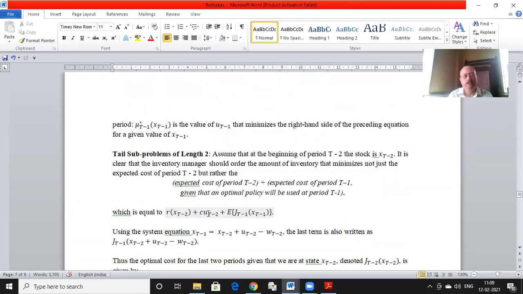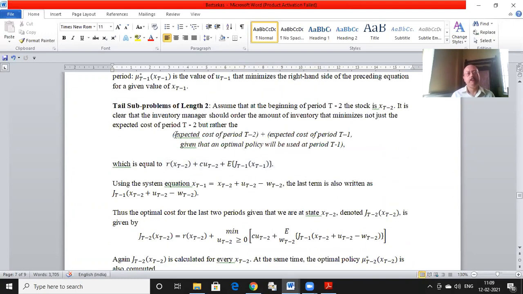I know this now. Now I go to the previous period, capital T minus 2. Now what do I need to do? Using similar logic, now I have to look at the expected cost of period T minus 2 plus whatever the expected cost of period T minus 1 will be, given that tomorrow at T minus 1, I will be using that optimal policy mu star T minus 1.